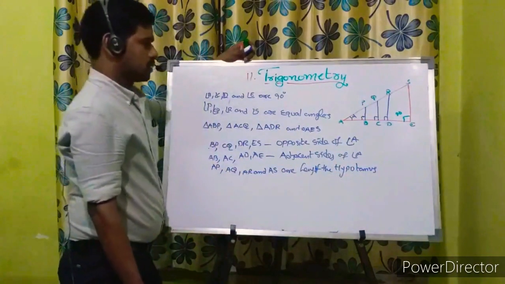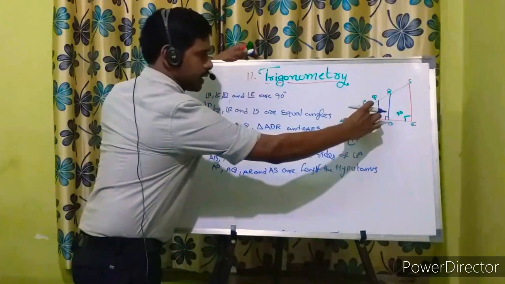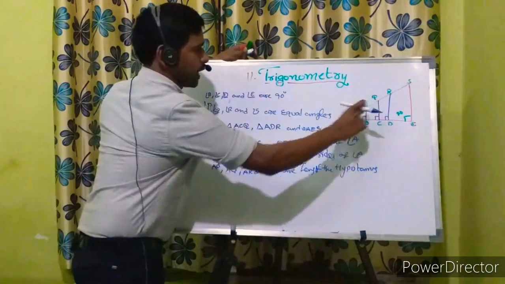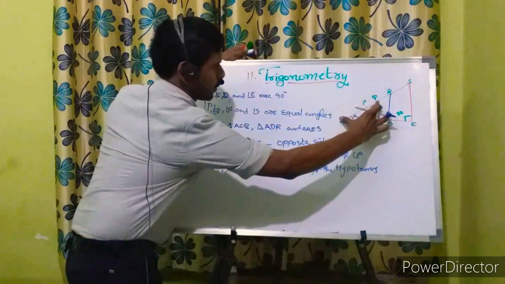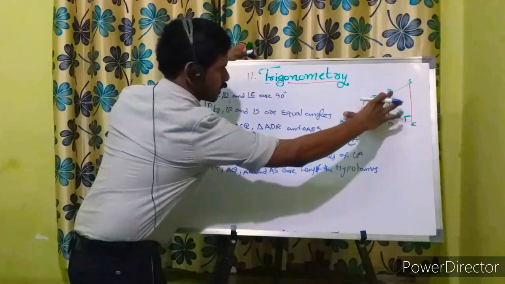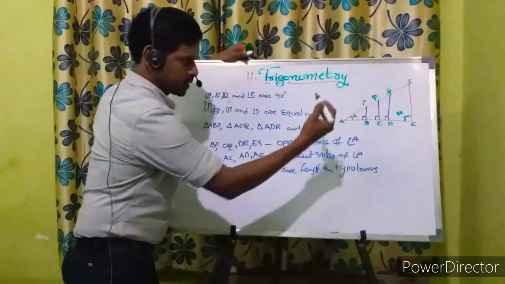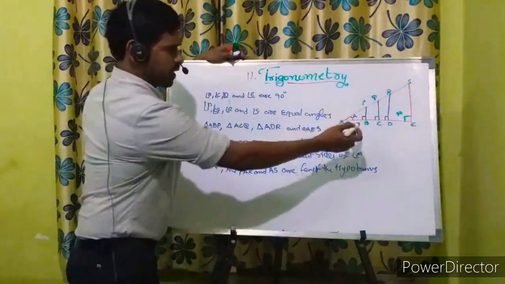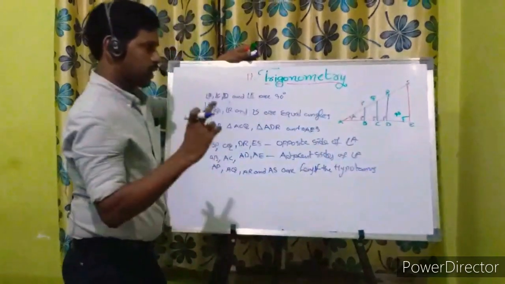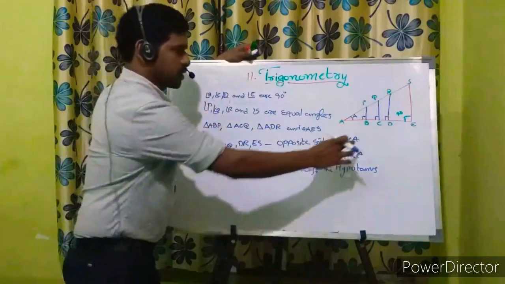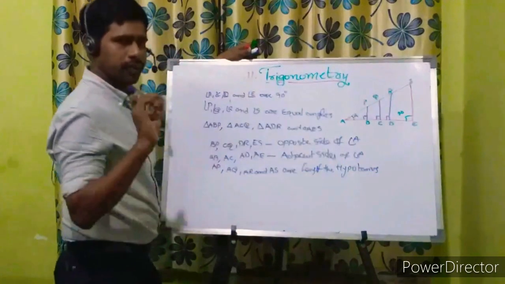When two sides are joined by a side in a right angle triangle, that joining length is known as the hypotenuse.